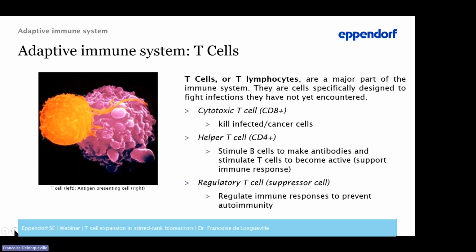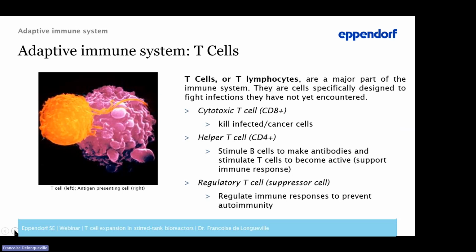T cells are one of the important types of white blood cells of the immune system and play a central role in the adaptive immune response. Those cells can be distinguished from other lymphocytes by the presence of a T cell receptor on their cell surface.